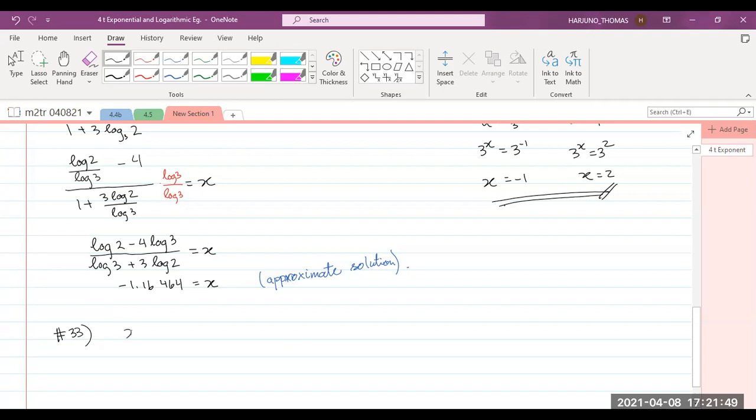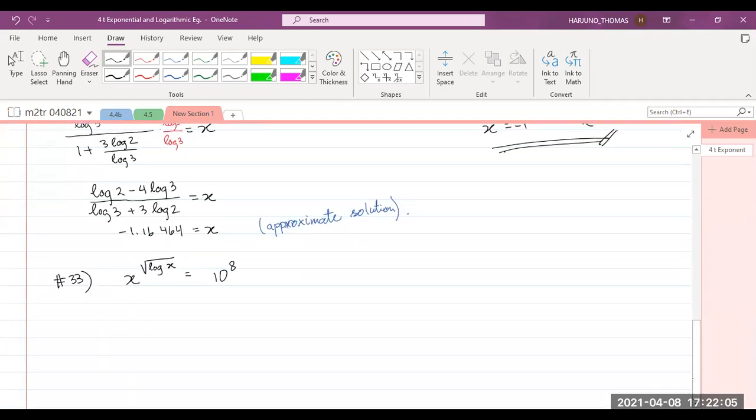So x to the square root of log x equals 10 to the 8. How to do this problem? I have base 10 there. Let me make it into base 10.